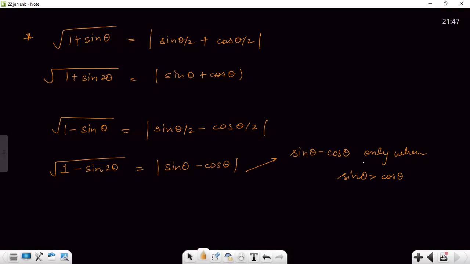When we are talking about 0 to 90 degrees, sine theta is greater than cos theta when theta is lying between pi by 4 and pi by 2. If theta is lying between 0 degrees and pi by 4, cos theta is bigger, so cos theta minus sine theta will be written. Is that clear?